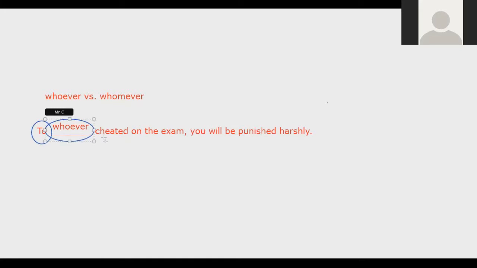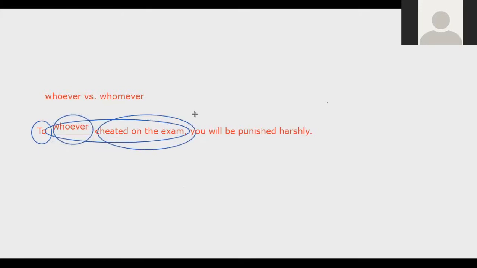It's actually whoever cheats on the exam. So it's that whole clause. And because a clause needs a subject and a verb, only whoever makes sense here.